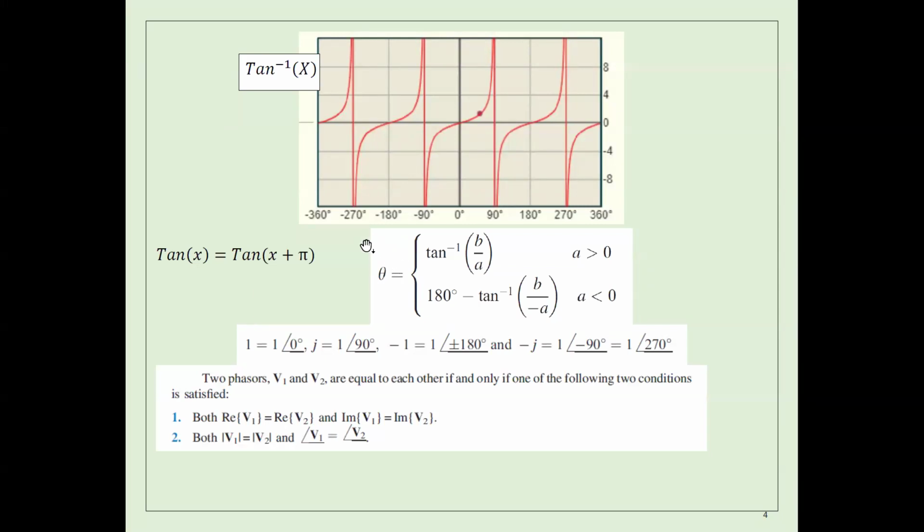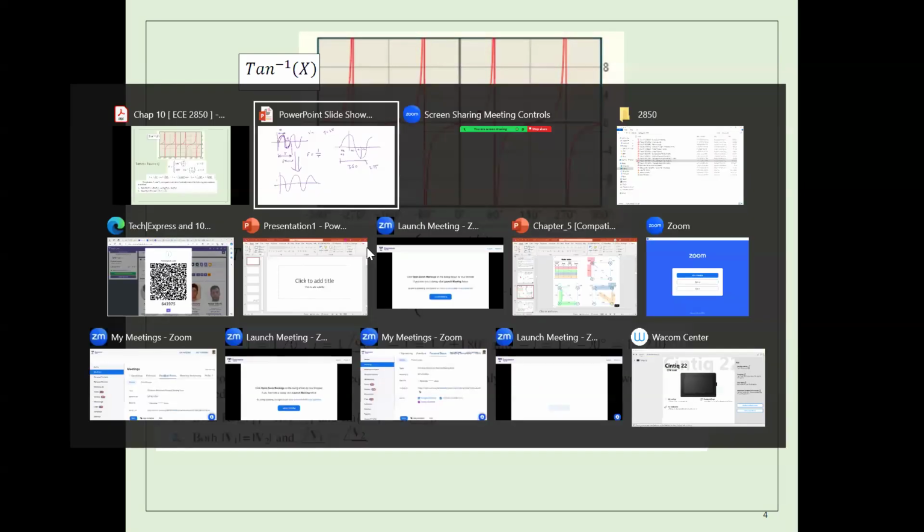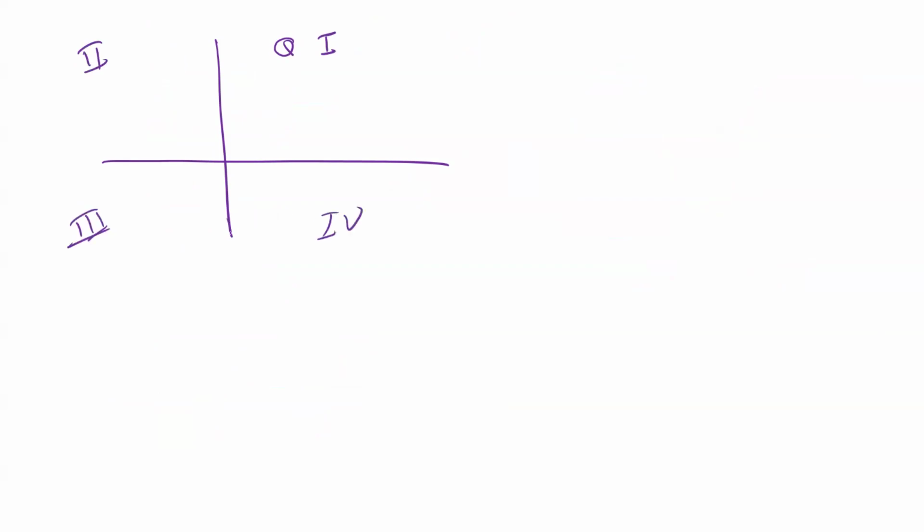So the trick, I told you there is a trick here, and you have to be careful. We have here quarter 1, quarter 2, quarter 3, and quarter 4, with A and B. In quarter 1, A is positive and B is positive; in quarter 2, A is negative and B is positive; but in this one, B is negative.